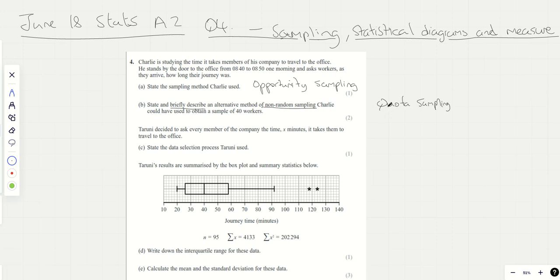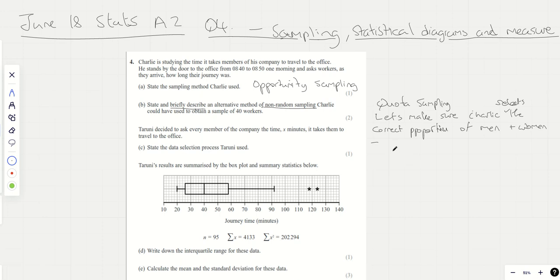So I'd say: let's make sure Charlie selects the correct proportions of men and women, which may well be 50-50, but may well not be, depending on how many men and women are in his work, because it might be the case that men take longer or shorter to get to work.